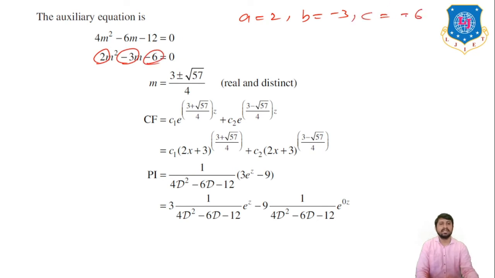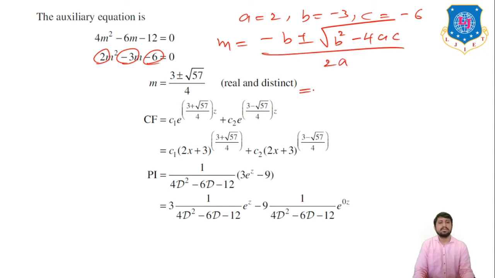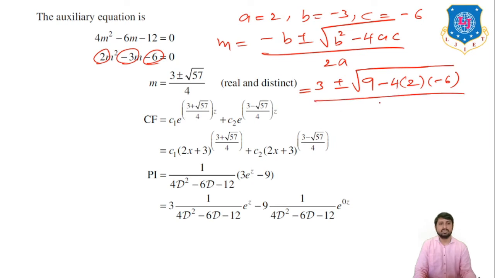Okay, we compare with ax square plus bx plus c. So now root we can find in this manner: minus b plus or minus square root of b square minus 4ac divided by 2a. So this is equal to minus b, means 3, plus or minus square root of b square. B square is what? 9 minus 4, a is 2 and this is minus 6. So 2 into minus 6, and divided by 2a, so 4.